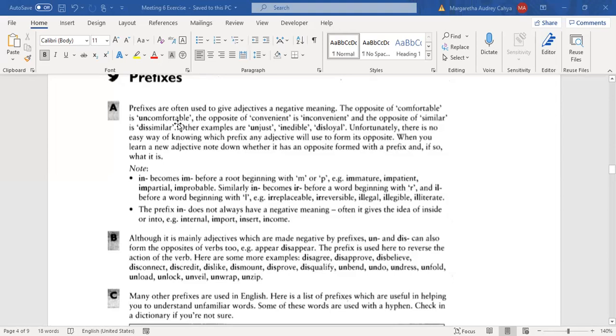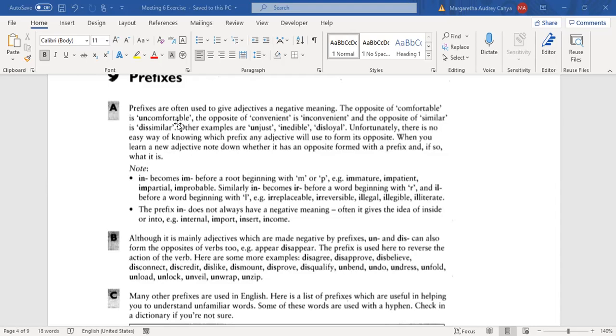Unjust, tidak adil, ya. Inconvenient. Ini nggak convenient deh buat saya. Inconvenient itu kayak difficult, ya.